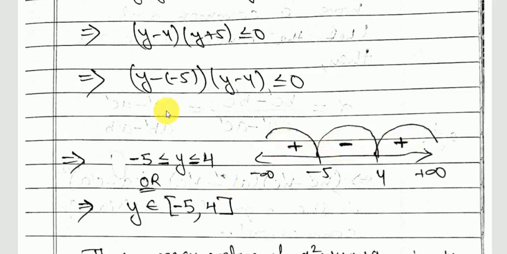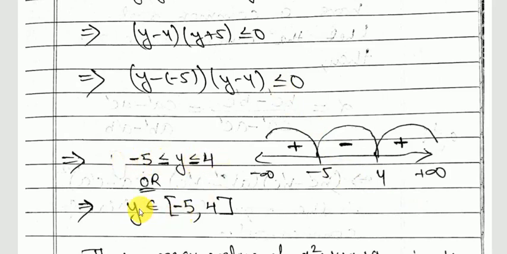We are looking for only those values of y for which the left hand side is less than or equal to 0. So y has to be from this interval, because only this interval gives you negative. The equal to sign is also there, so minus 5 and 4 have to be included. So we can write minus 5 less than or equal to y less than or equal to 4.